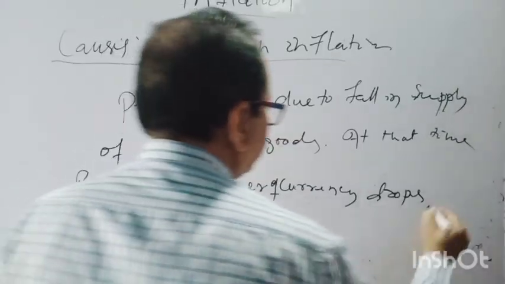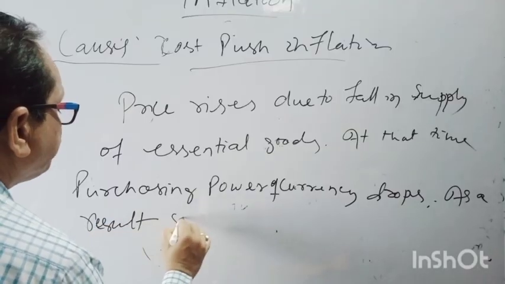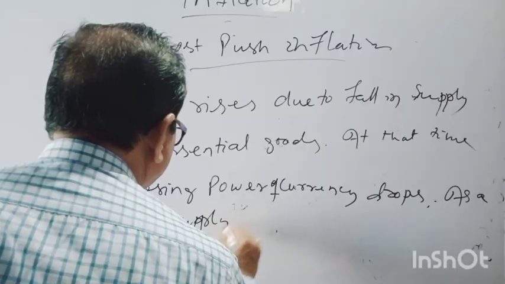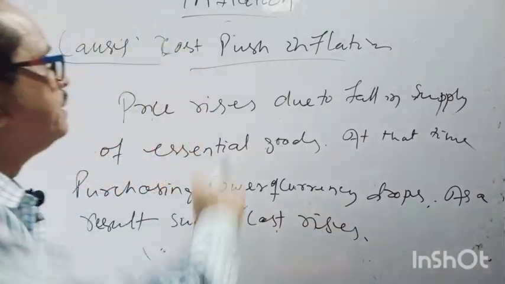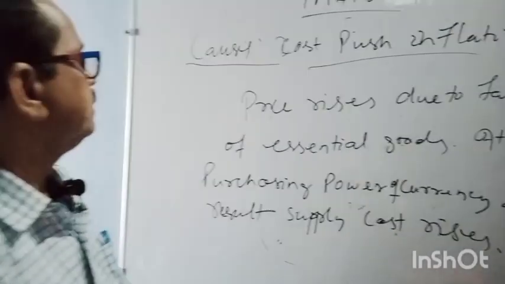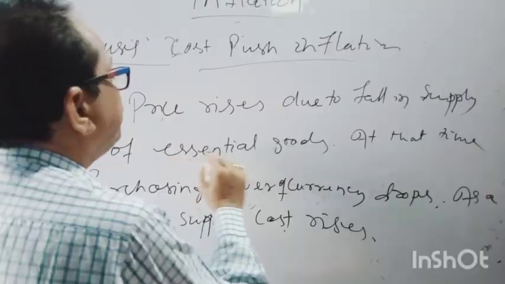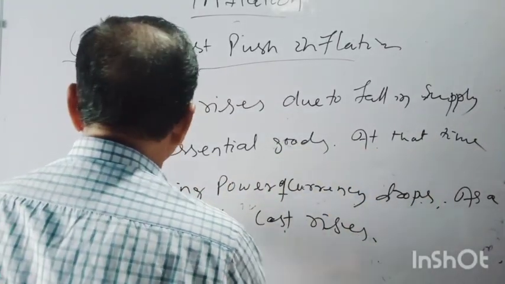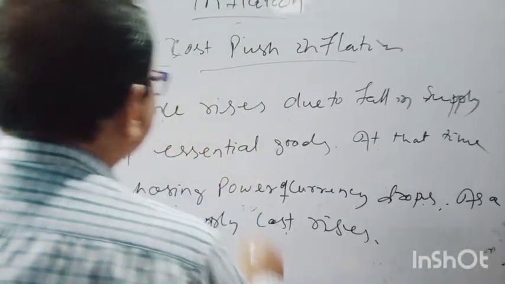As a result, supply cost rises. Okay, the price rises due to a fall in the supply of essential commodities. At that time, the purchasing power of currency drops. As a result, supply cost rises.